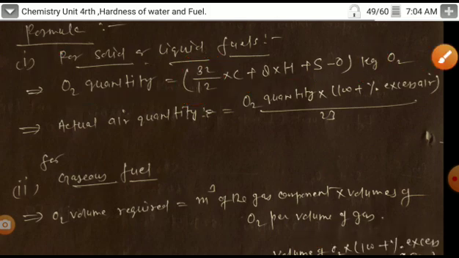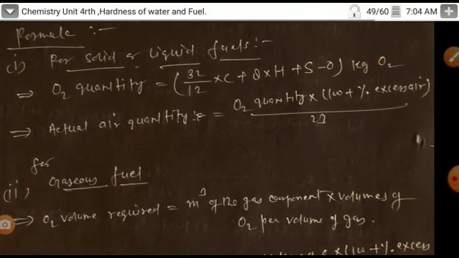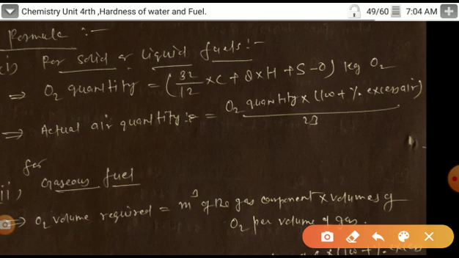That is the simple formula by which you can calculate the total amount of oxygen needed for complete combustion of a particular fuel.